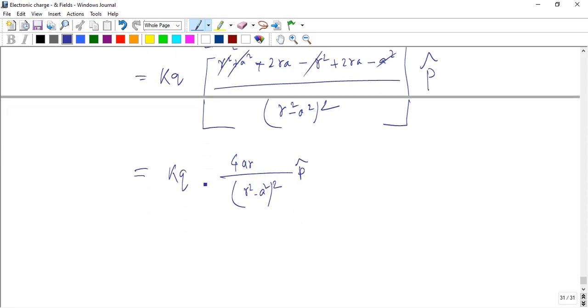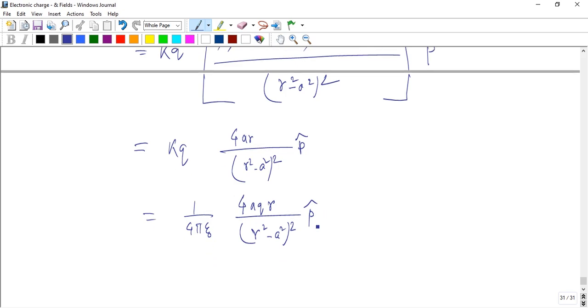Putting K as 1 over 4 pi epsilon naught, E equals 1 over 4 pi epsilon naught times 4 A Q R by R square minus A square whole square P cap.